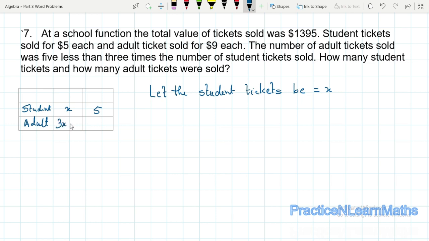So 3x minus 5, and this is $9. This is the price and this is the number of tickets. So the equation is 5x plus 9 times (3x minus 5) is equal to 1395.